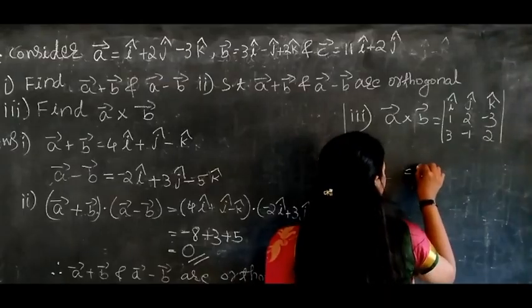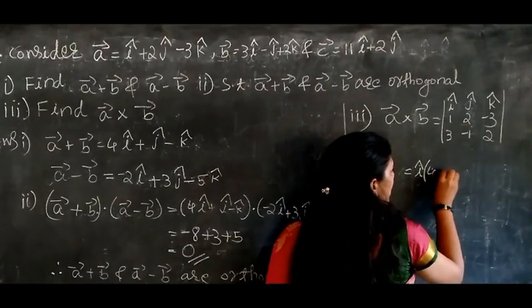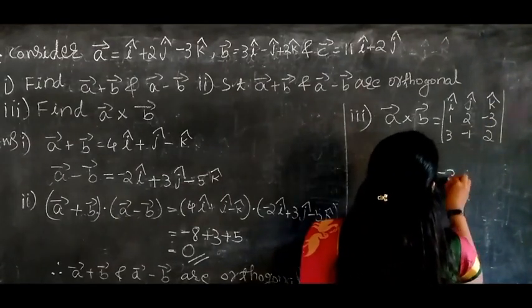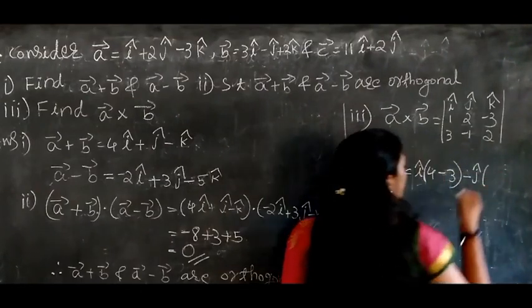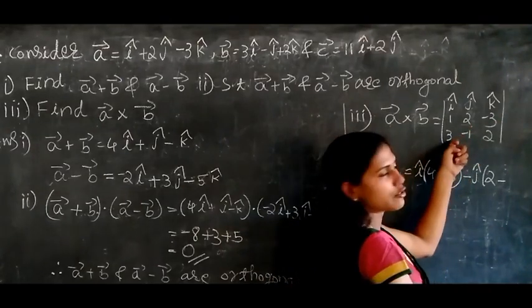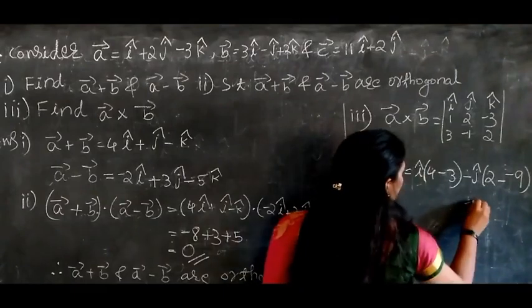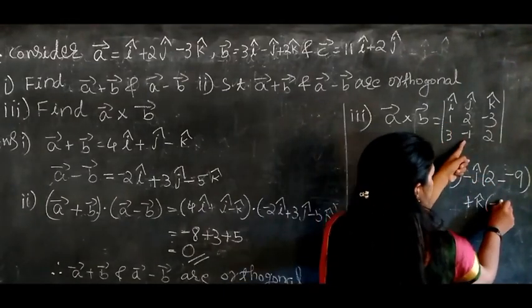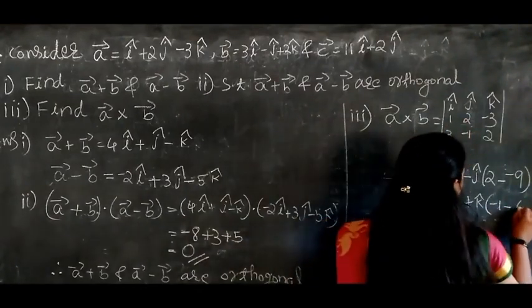Okay, i cap into 2 into 2, that is 4, minus 3 into minus 1, that is plus 3. Next, minus j cap into 1 into 2 is 2, minus 3 into 3, that is minus 9, plus k cap into 1 into minus 1 is minus 1, minus 3 into 2 is 6.